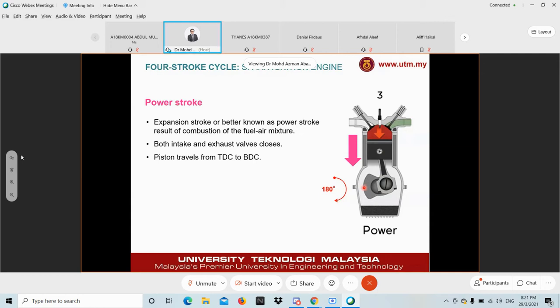When you refer to books or catalogs, they will always declare the brake power, which is the power at the flywheel.